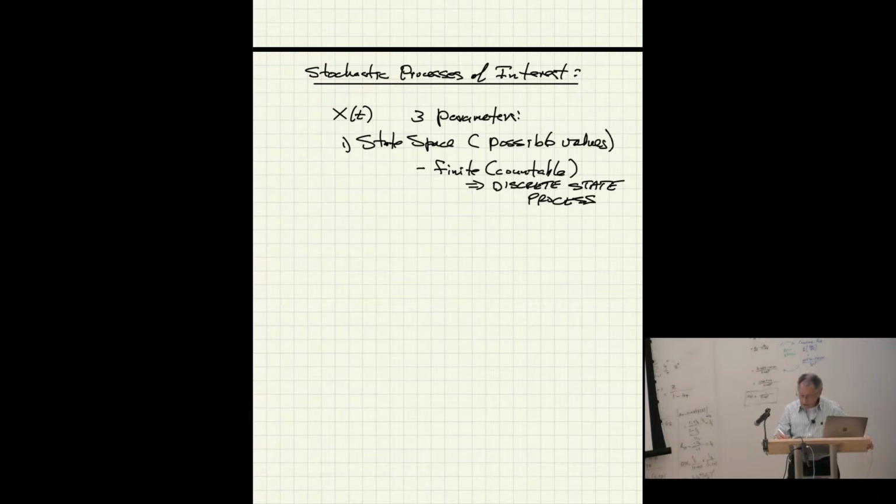If they're continuous over some interval, then we have a continuous state process. That's all about the state space.